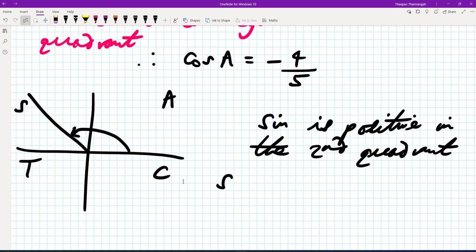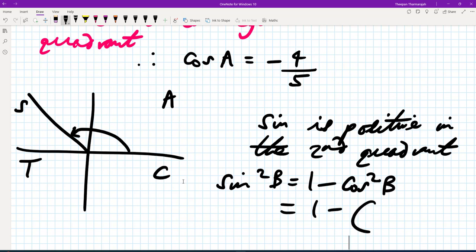So we can say sine squared A, or in our case, sorry, B, is 1 minus cos squared B. So it's going to be 1 minus what we've got here, minus 12 over 13 squared.